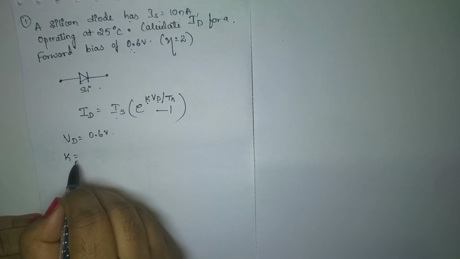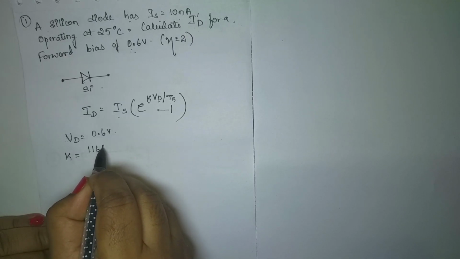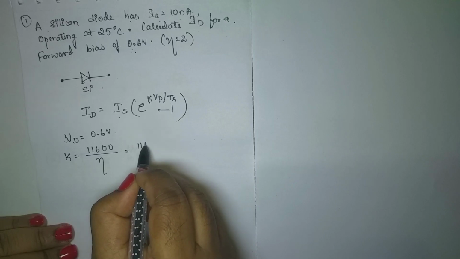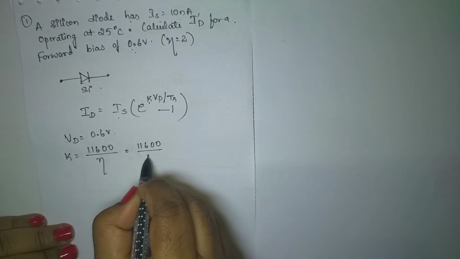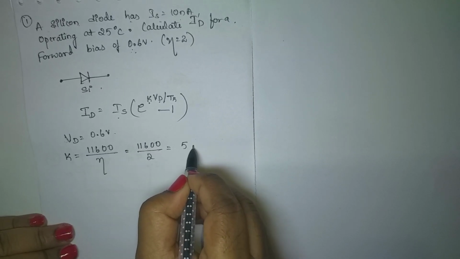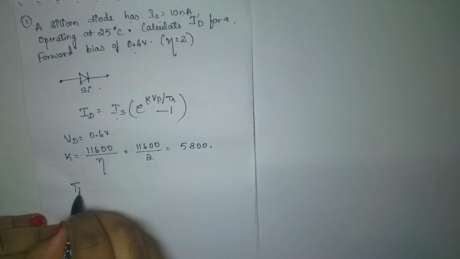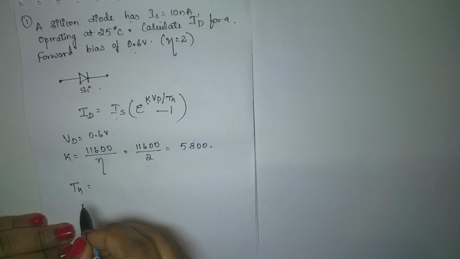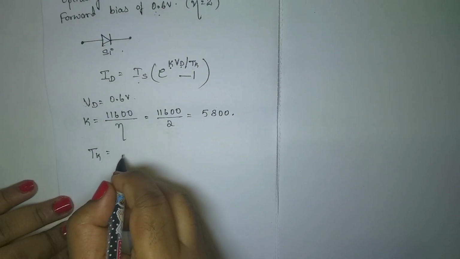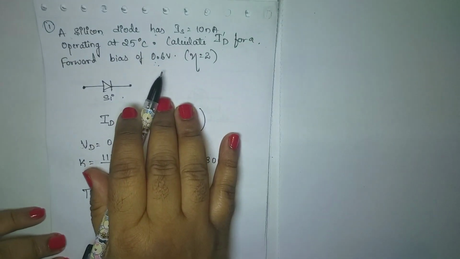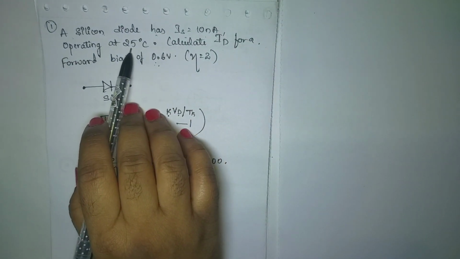The value of K is 11600 divided by eta, which is 11600 divided by 2, which is 5800. Okay. Tk is the temperature in Kelvin. The temperature is given as 25 degrees, in degrees centigrade.